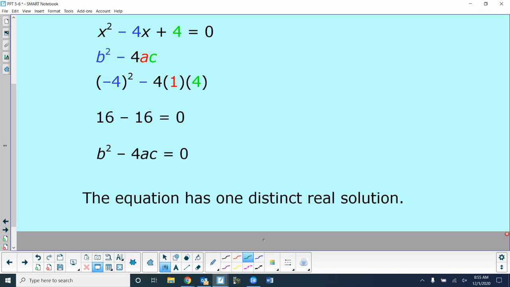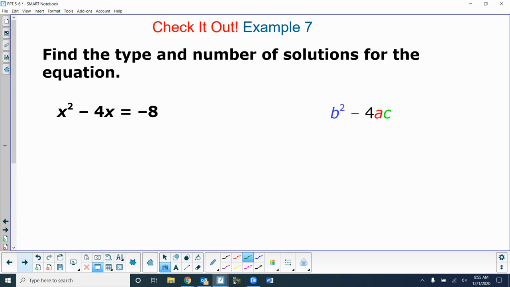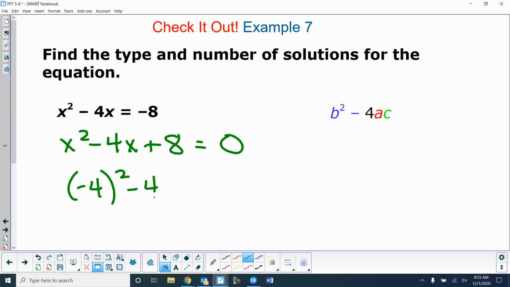Again, if that came out to be a positive number, we'd say 2 real solutions. If that answer came out to be a negative, we'd say 2 non-real solutions, because we'd have a negative under our radical, which means we got to pull the i out, that imaginary unit. Okay? So again, just do this real quick. x squared minus 4x plus 8 when I move it over, right? So b squared minus 4 times a times c.